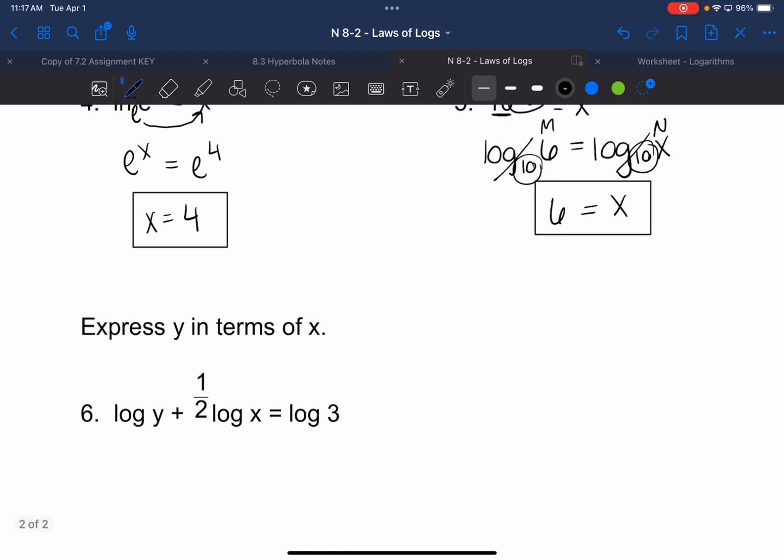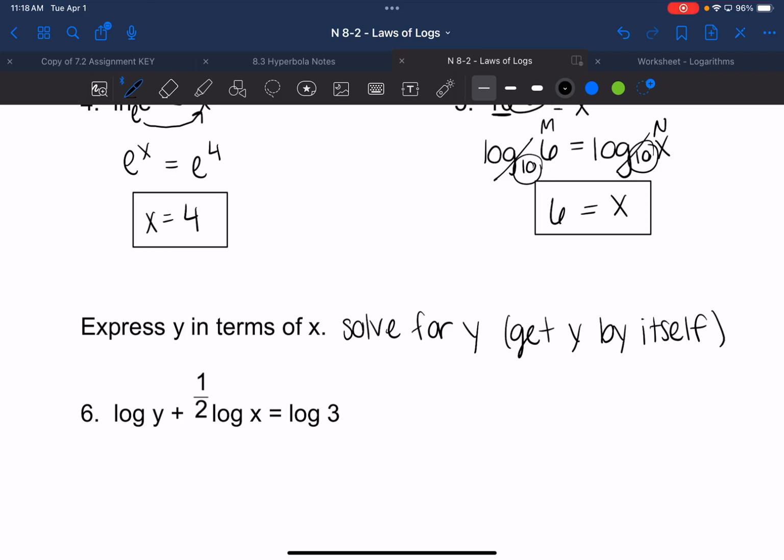Okay. All right. Next one says express y in terms of x. Okay, that's just a confusing way of saying get y by itself or solve for y. So this just means solve for y or get y by itself. So that's going to be what we try and do here. Our goal is to get y by itself. Okay, well, if I'm trying to get y by itself, what do you guys think that we should maybe do first?